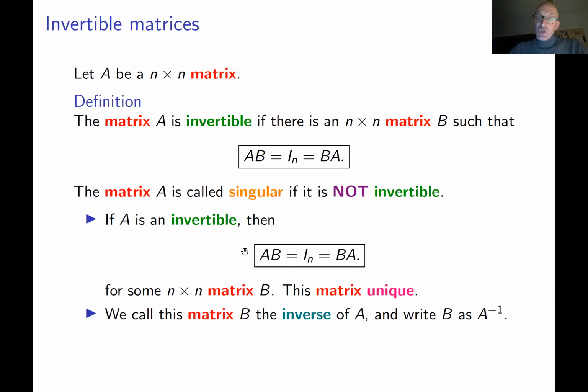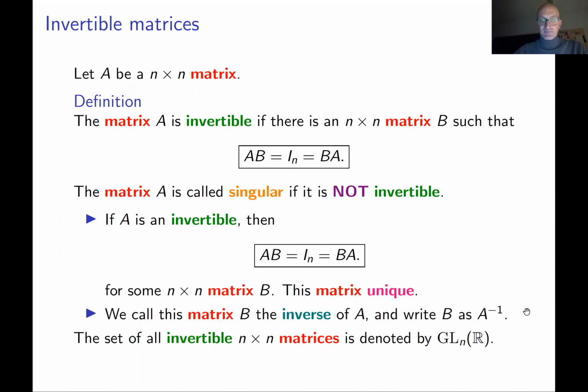But one can show that if matrix A is invertible, then the matrix B such that AB equals BA is unique. And of course, intuitively, it's called its inverse, and usually it's denoted as A to the power of minus 1. Later, you will learn formulas for the inverse of every square matrix for which an inverse exists.